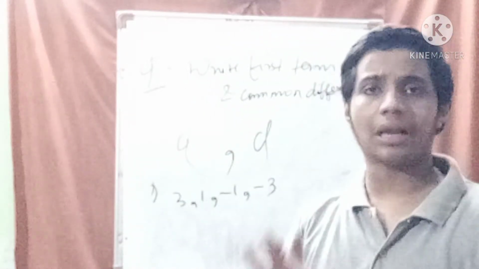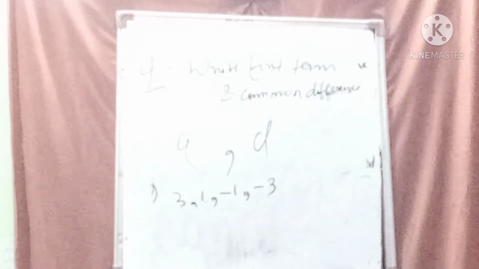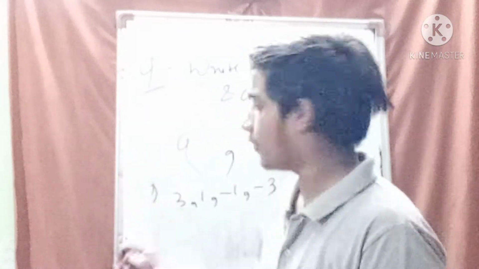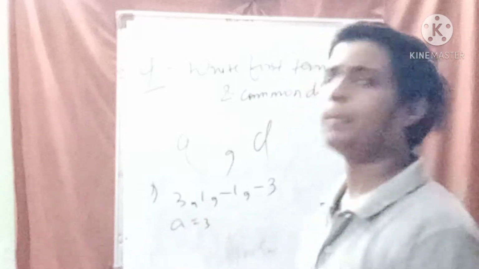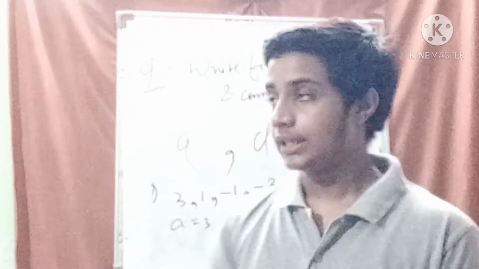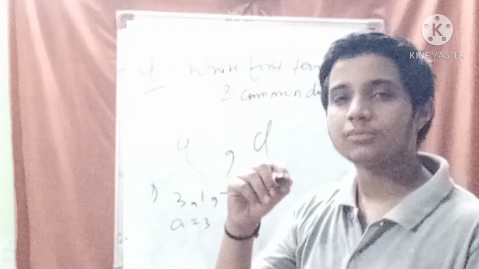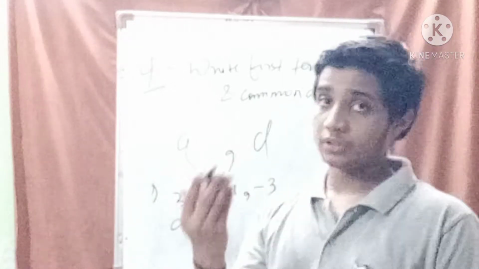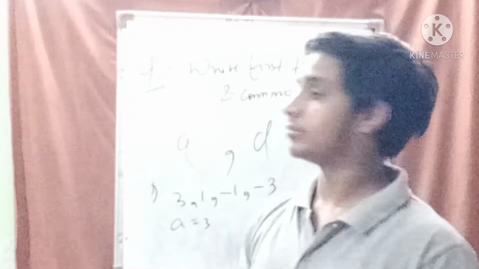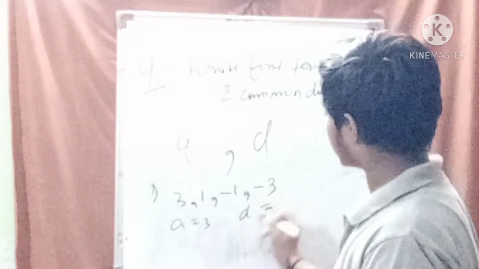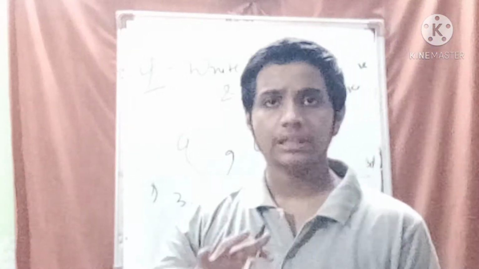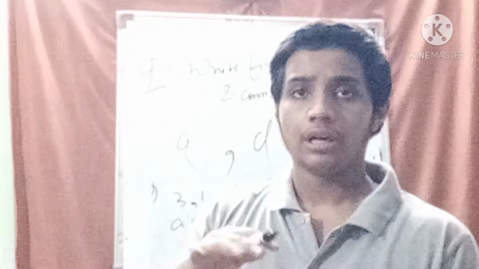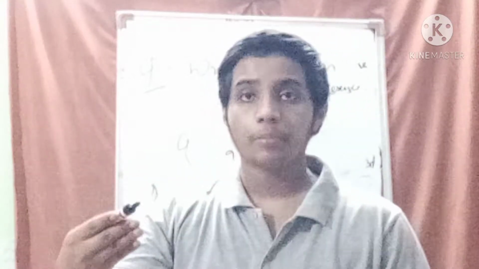It is easy to calculate A. A is the first term. A is equal to 3. Simple. Very simple. But D is not so complicated, but if your concept is not clear, then maybe it is. D is a fixed value equal to the final value, meaning the second value, minus the first value.